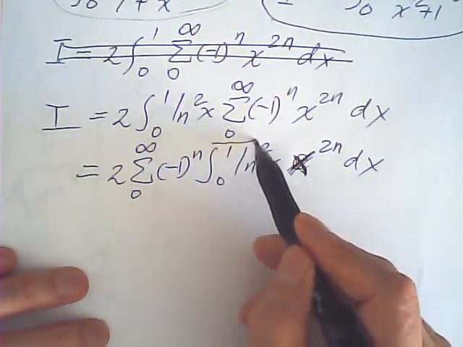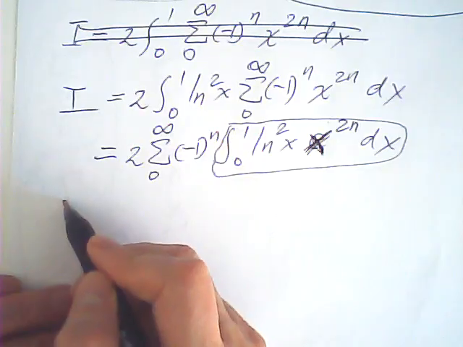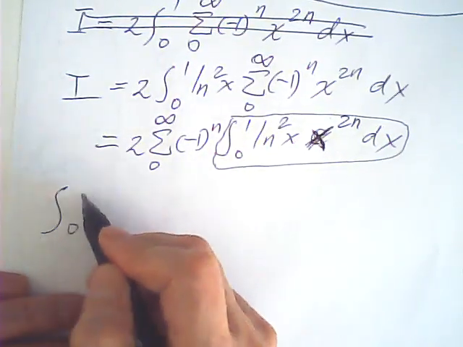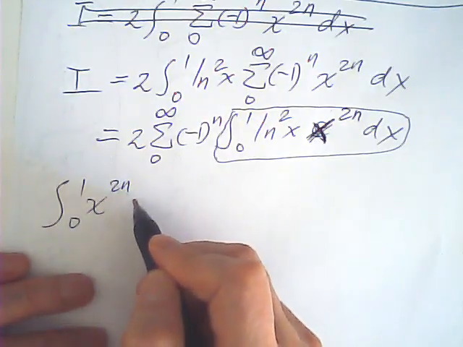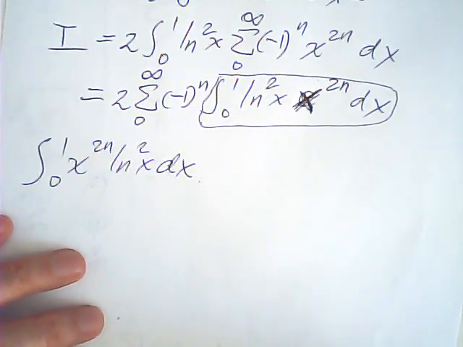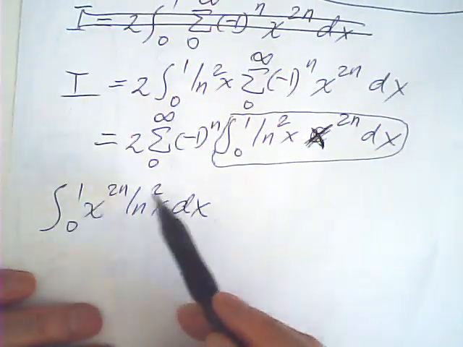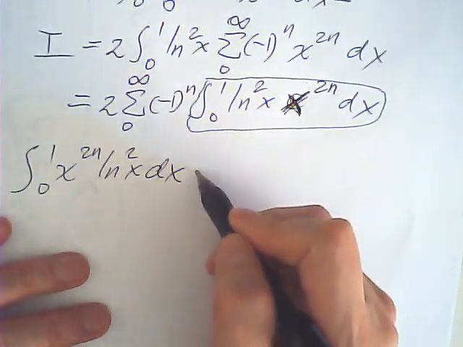Now let me discuss this integral separately. Okay, this integral 0 to 1 x to the 2n log square x dx. Well, if we solve this one, then we get the I. Now this one is good.